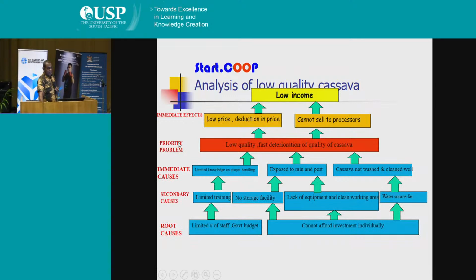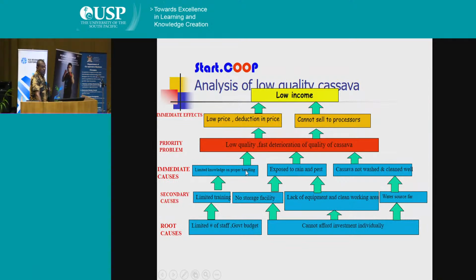And then the priority problems, you identified the priority problems: low quality, fast deterioration of quality cassava. So it gets bad instantly. Immediate causes for this low quality, fast deterioration of cassava. What causes that?